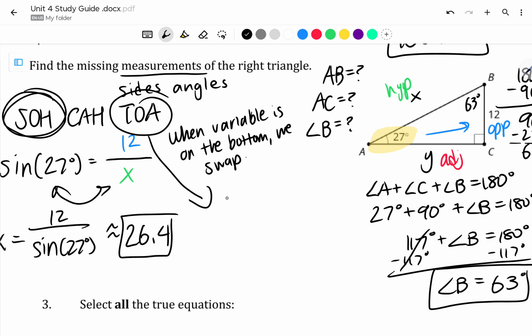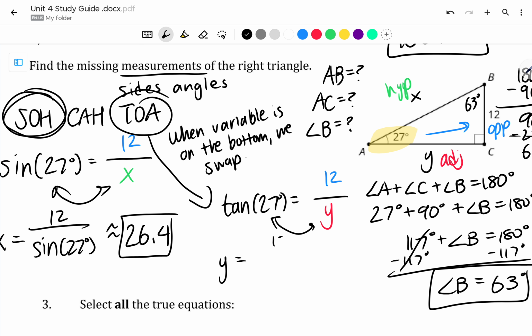So we're going to use tangent of 27 degrees equals opposite, which is 12, over adjacent, which is y. Take a minute. Think about what we're going to do next here. Variable on the bottom. What's our next step? Yeah, we're swapping, right? We're swapping.